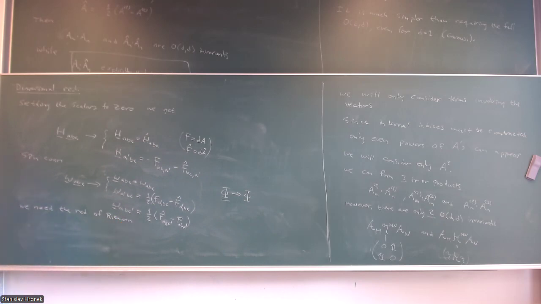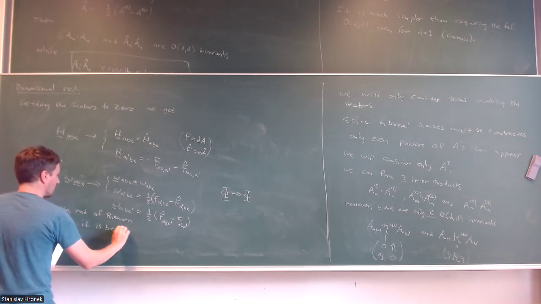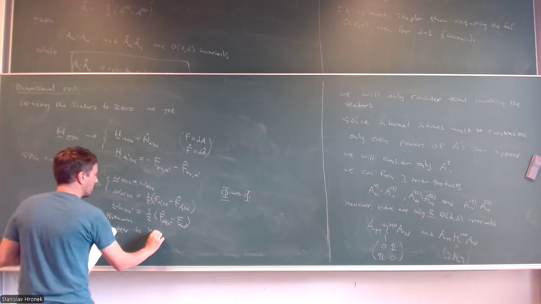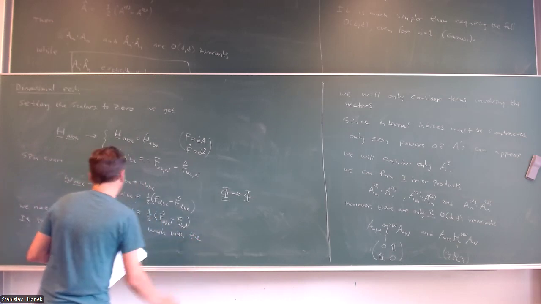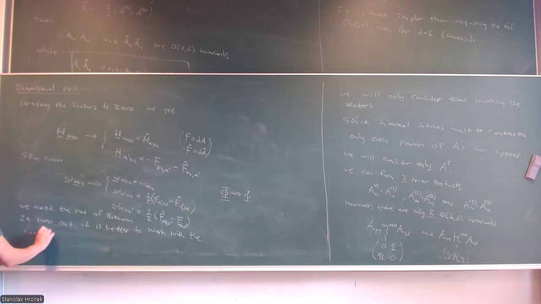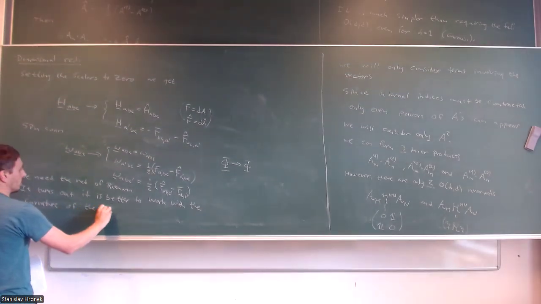And now it turns out that it's better not to work with the Riemann tensor, but with the Riemann tensor that's computed from a torsionful connection, because it behaves more nicely under reductions. Torsionful connection.